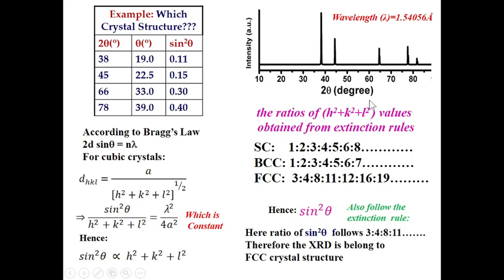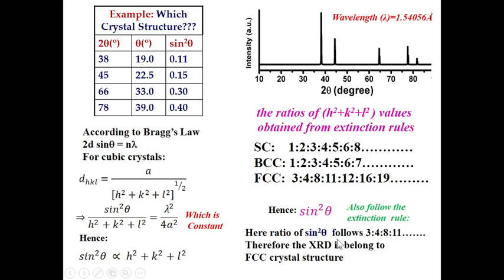So here the same thing has been written: as this is constant, in this way you can write the note. Hence sin square theta is proportional to this one, so sin square theta also follows the extinction rule.